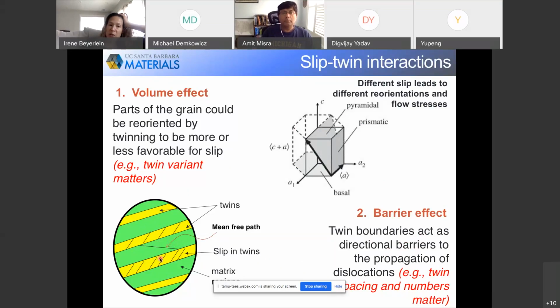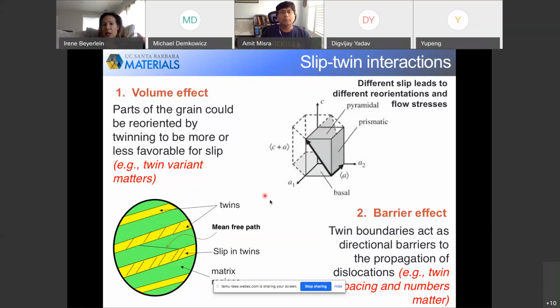Without the twin, let's say slip would have been favored on this plane here, and it would have had a longer mean free path. But once the twins get introduced, its mean free path is shortened. And something about twins is that as you deform the material, the number of twins within this grain can change. The thickness of these twins can change.